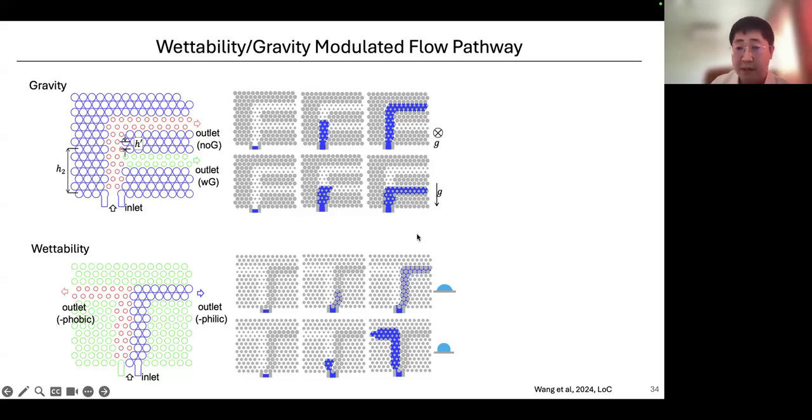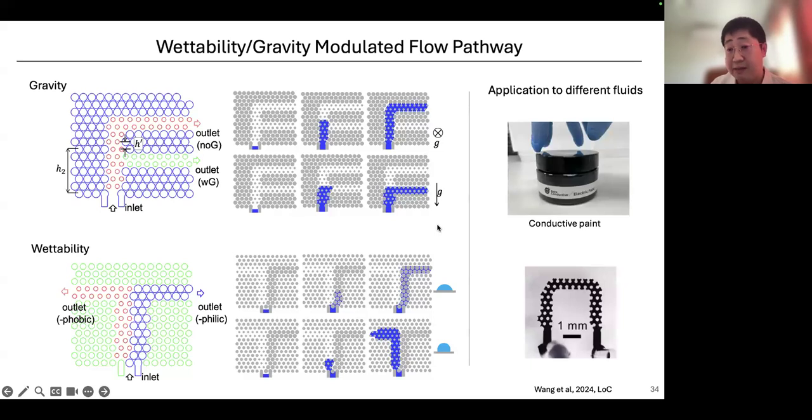We also did some experiments without purely focusing on water. We used some conductive paint, which is much more viscous than water. And then again, we are able to achieve this controlled pattern within this porous open microfluidics.